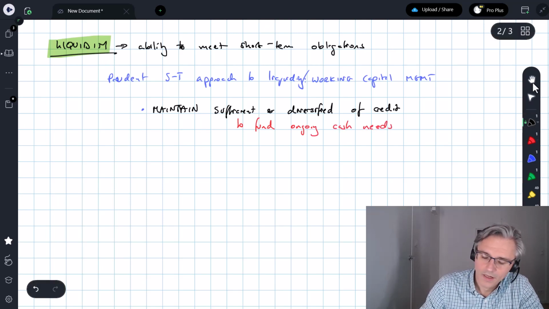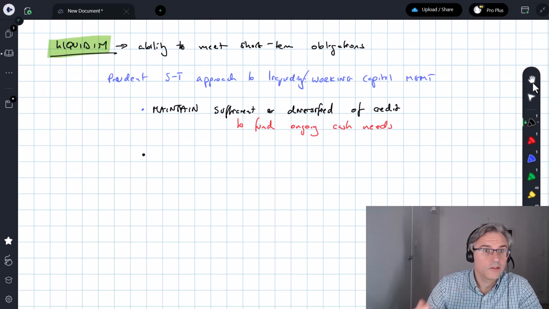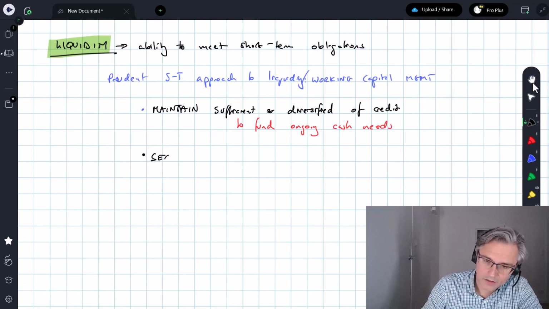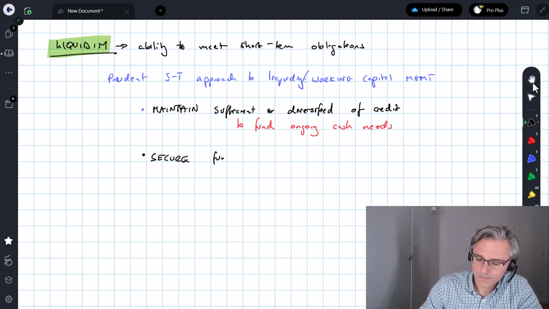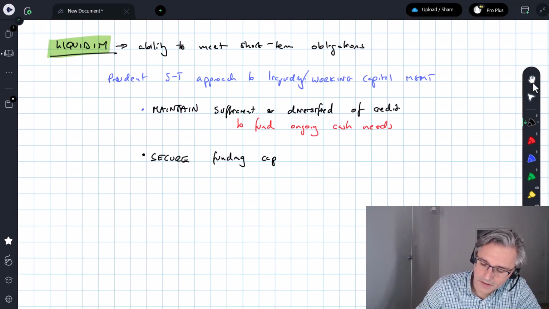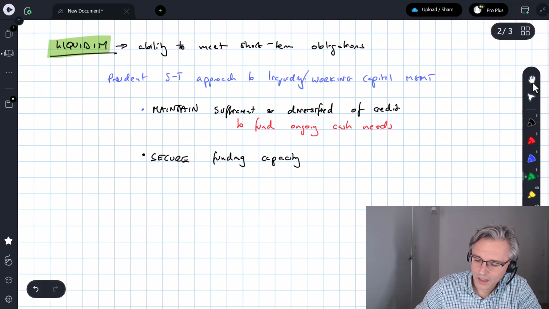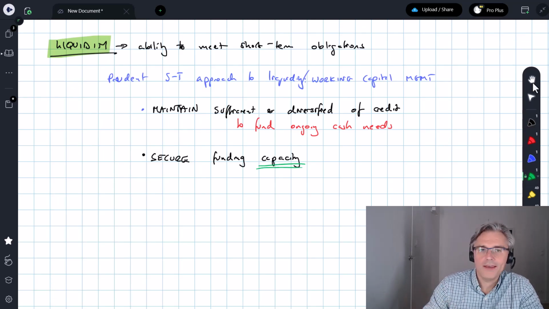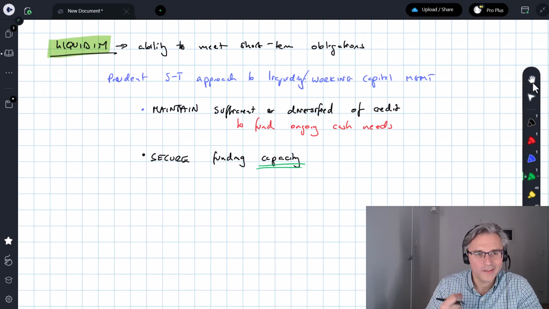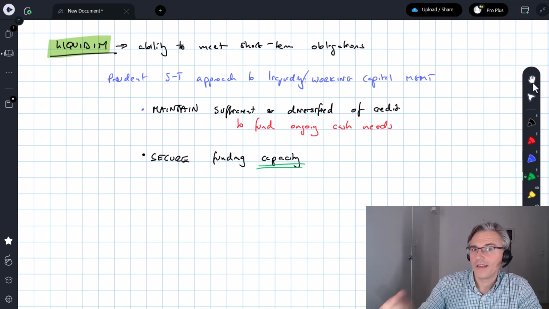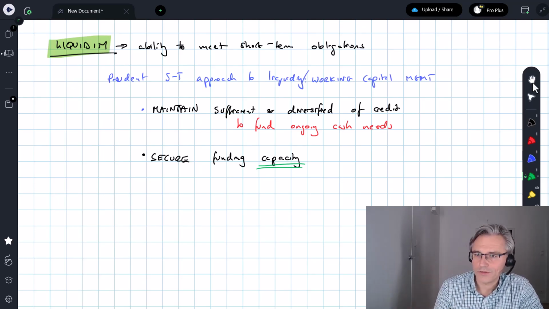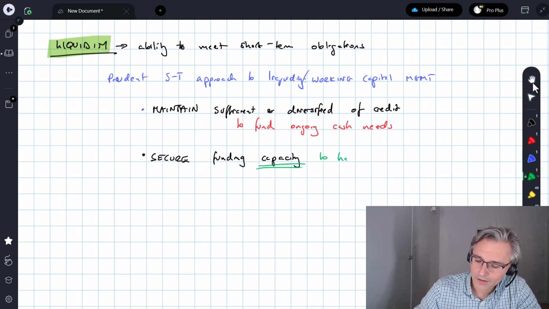Right. Now, the second sort of commandment here is secure funding, but this time funding capacity. So have a buffer, have somewhere like a cushion, right, which you can tap into, an extra source you can tap into to handle changing cash needs.